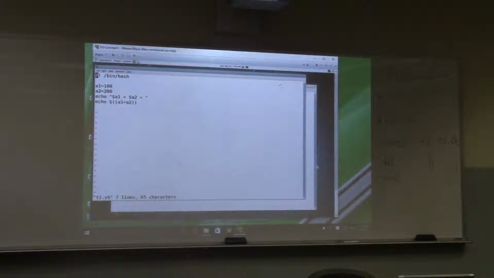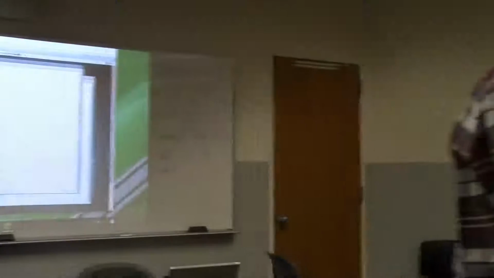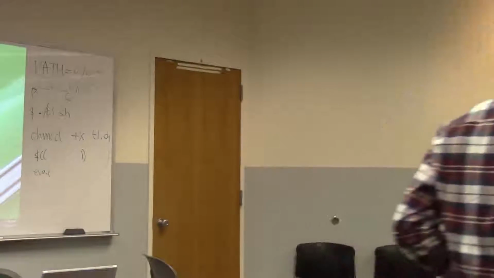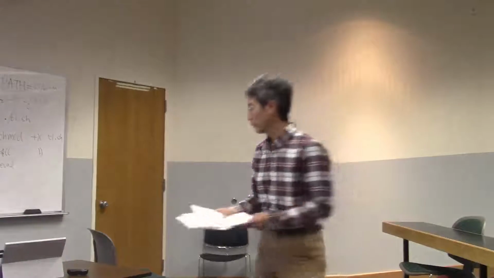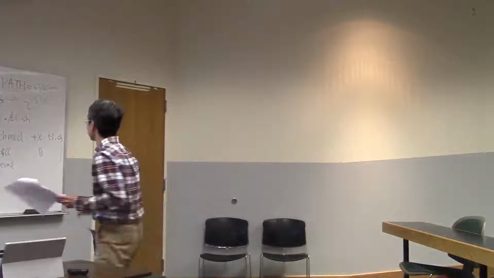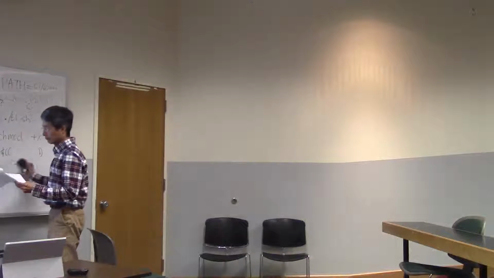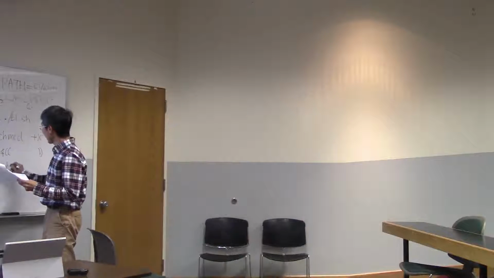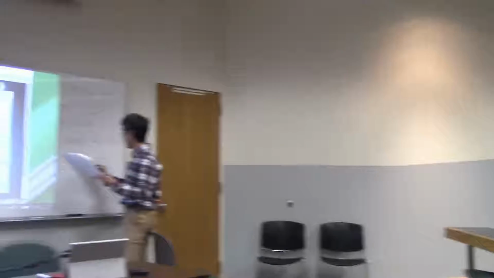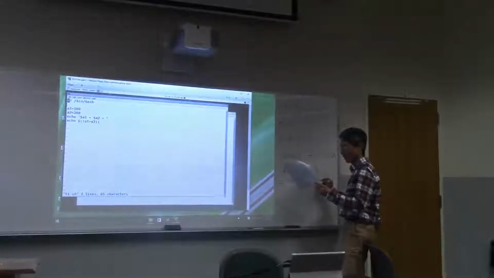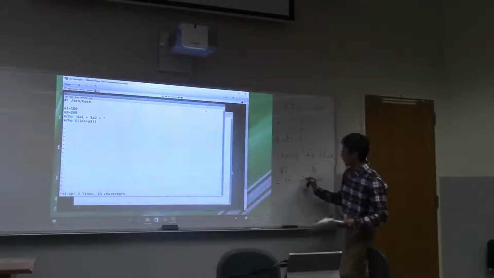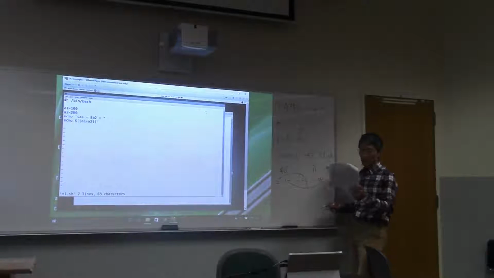Shell script supports many operations in expressions. It's kind of a statement in terms of the language. Okay. For example, the equality operators: equal, not equal, and -eq and -ne. This is the same as equal, this is the same as not equal.